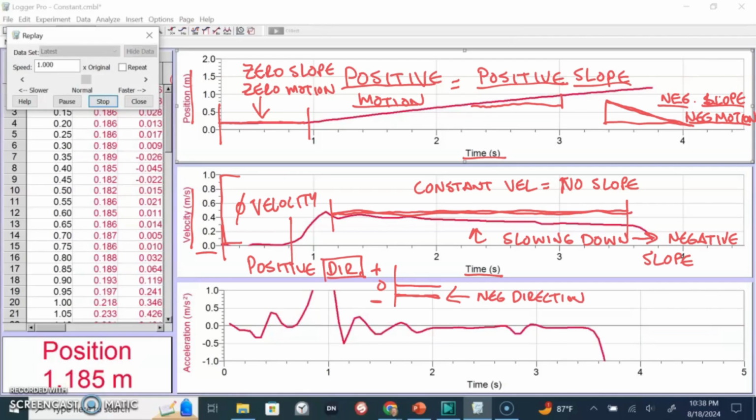And then finally, we have our acceleration versus time graph. Okay, so we have all this messy stuff over here, but what we want to look at is this area right here to right here. In this area, if we zoomed in a lot, we would see that it's basically just a little bit below zero, just barely below zero.